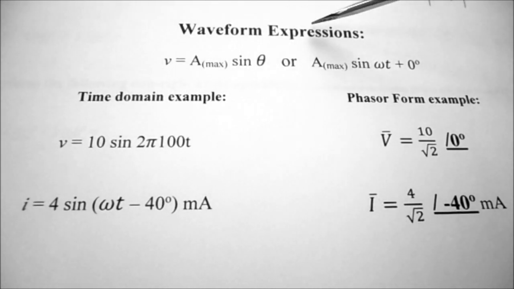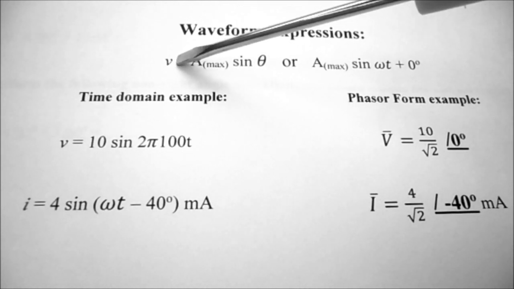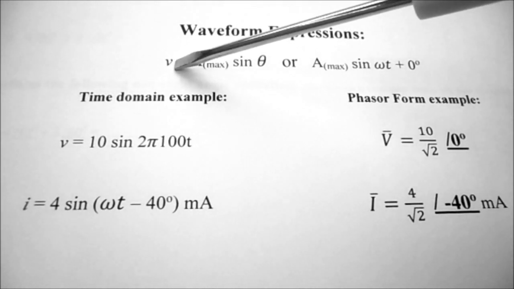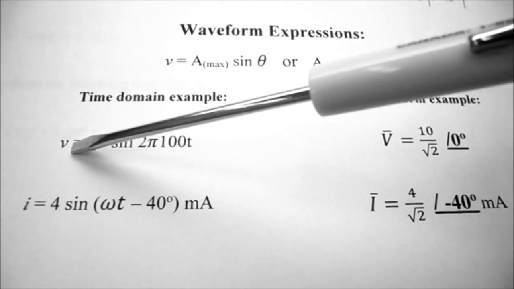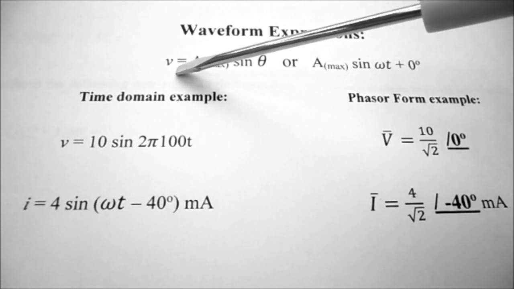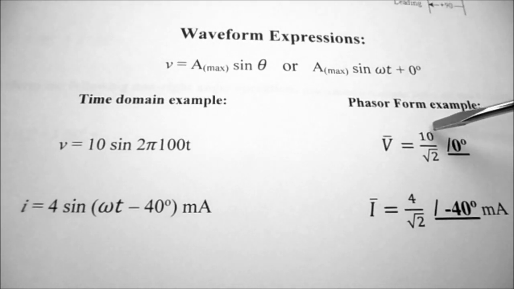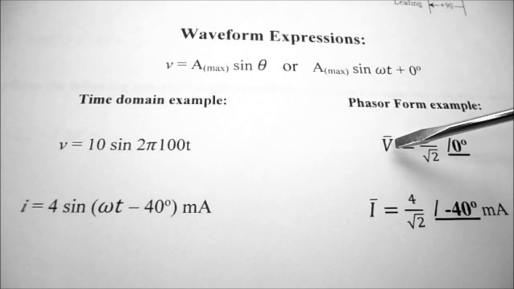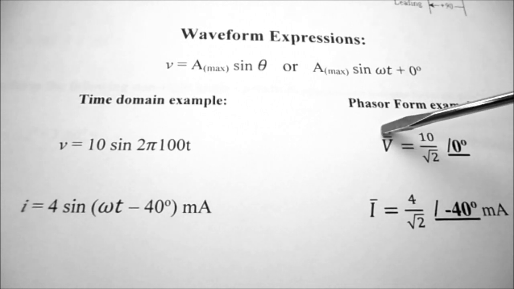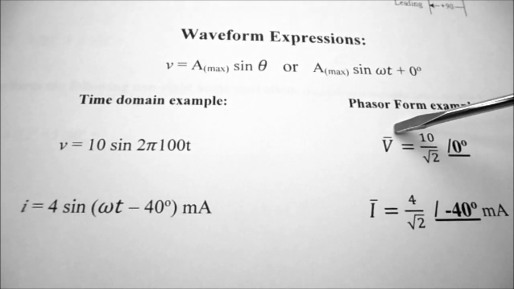Looking at our waveform expressions, usually we use a small letter v for voltage or a small letter i for current, depending on what the waveform is that we're looking at. On this side we have the phasor form of the same example. So usually the phasor form is a capital letter, usually with a bar on top of it, indicating that it is the phasor form.